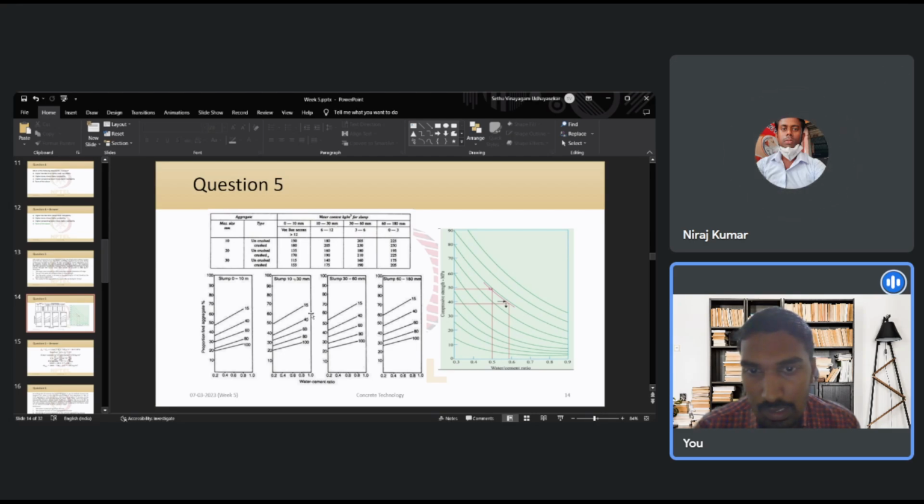These numbers here show us the fineness of the fine aggregate. So 40. For 0.6 water to cement ratio on this line, the proportion of fine aggregate is approximately, we can take it as 0.45. That is the proportion of fine aggregate in the total aggregate content.